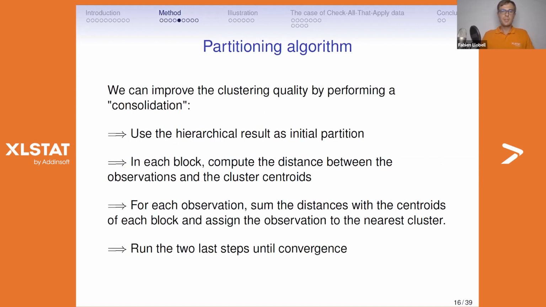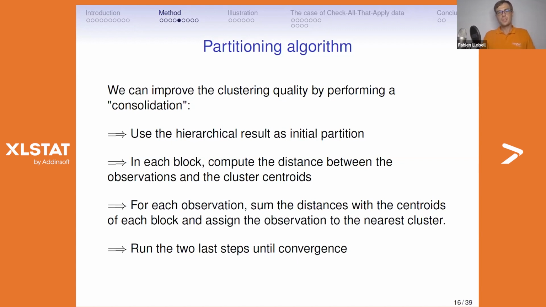The second algorithm is a partitioning algorithm that improves the quality of the clustering solution. It's so-called consolidation. We use the hierarchical result as the initial partition, and after there are two steps which can be repeated.